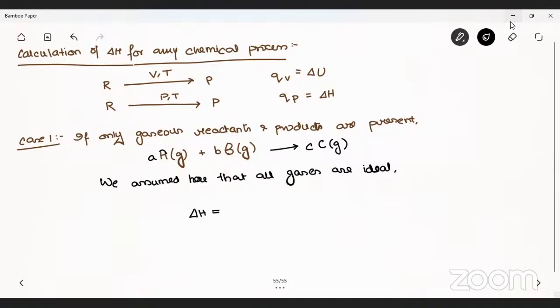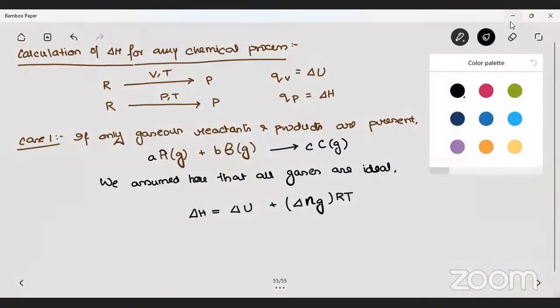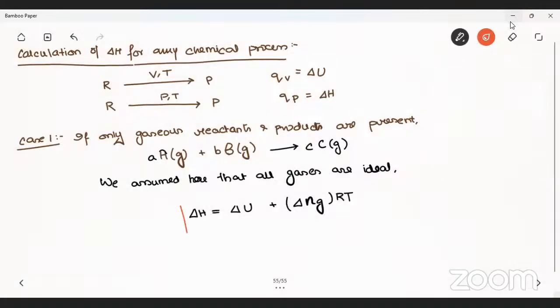Delta H is equal to delta U plus delta Ng RT. Again, this is another formula that might come in your exam. Okay, so this is one of the important formulas that might come in your exam. You just have to remember the formula.